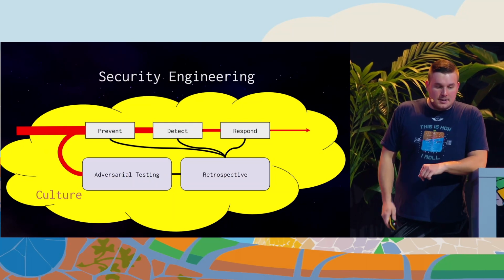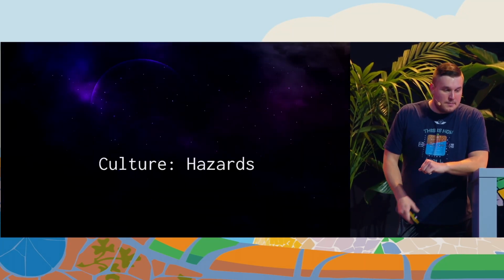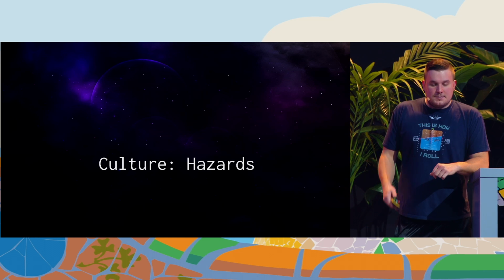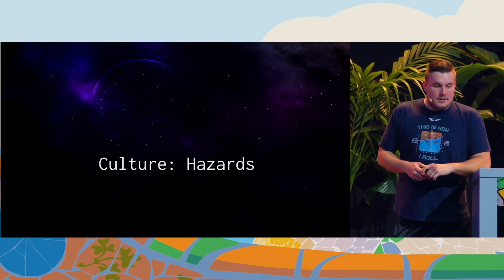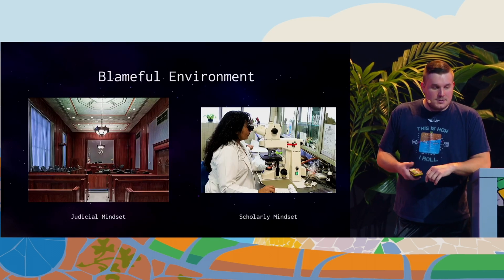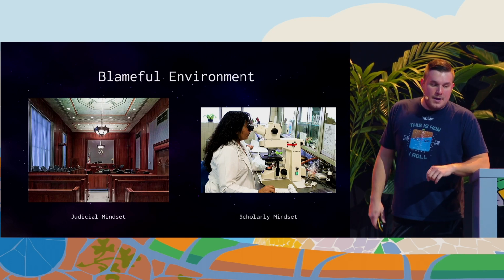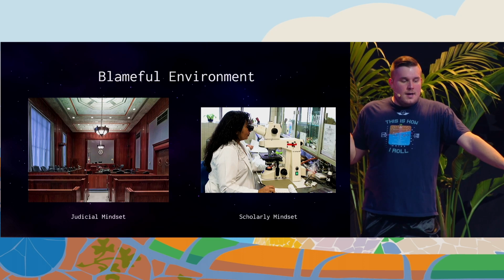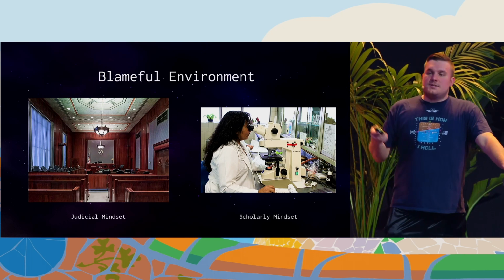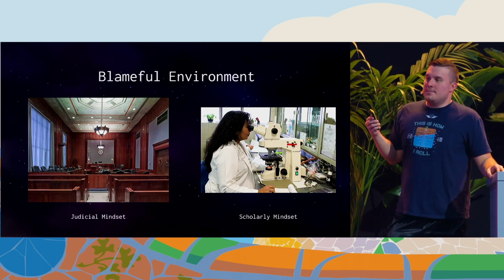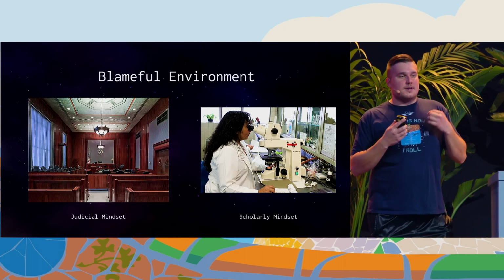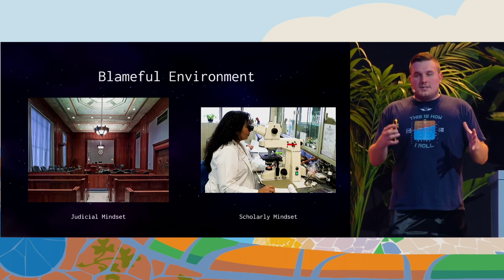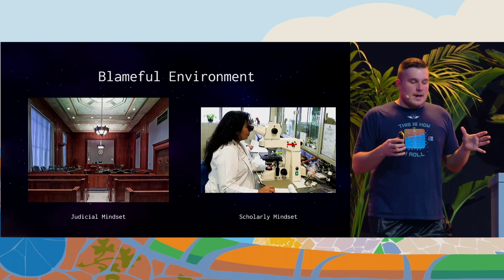So let's start with talking about culture, because I think that's the most important piece. Here are some hazards that can exist in your organization's culture. The first one is a blameful environment. I've already said a lot about this. A judicial mindset means an environment where you're looking to blame someone, to prosecute someone for the bad thing that happened.